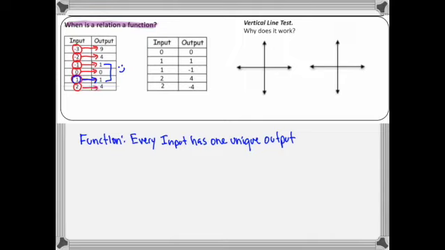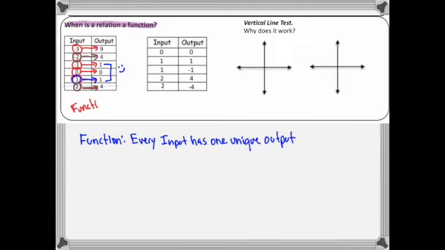Just like when I plug in a -2 and I get a positive 4 out, and I plug in a +2 and I get a 4 out, it doesn't matter as long as you're just getting one value out per input. It doesn't matter if the output is doubled up, okay? It just has to have a one-to-one relationship, basically. So this would be an example of a function.